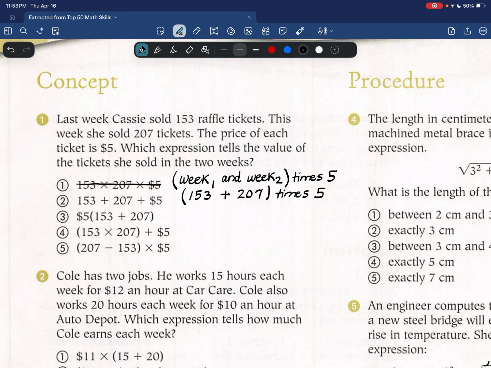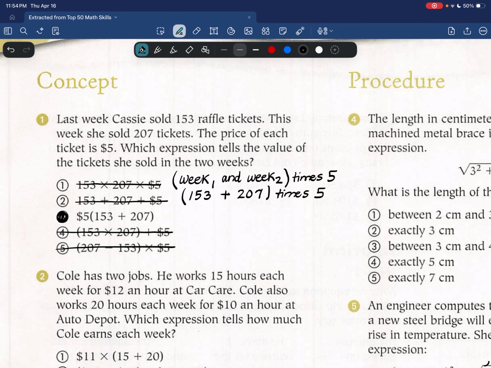I can eliminate number 2 because it does not have any multiplication. Number 4 has multiplication and addition, but they're in the wrong places. The 153 gets added to the 207. And number 5 has subtraction, and we're not subtracting. So the answer is number 3.